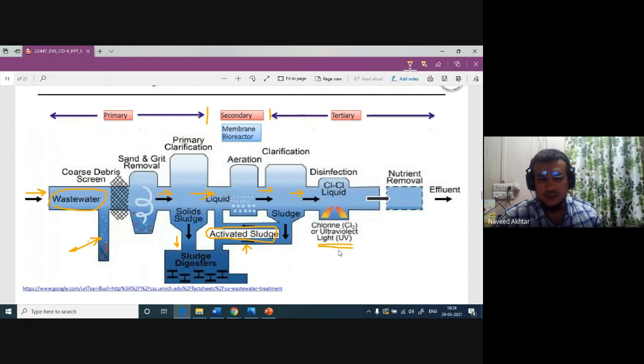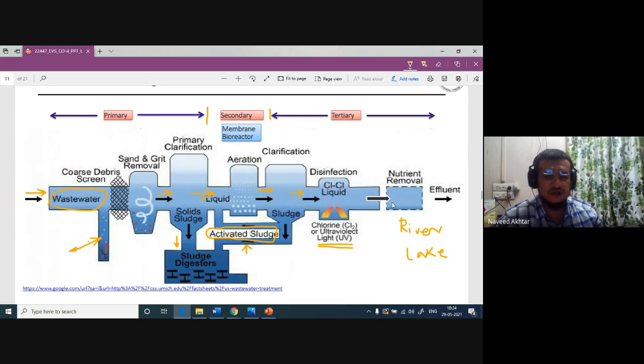They will kill the pathogens, bacteria, and harmful pathogens, and then the water is discharged to natural sources, that is river, pond, lake or canal, which are used for agriculture or gardening purposes.